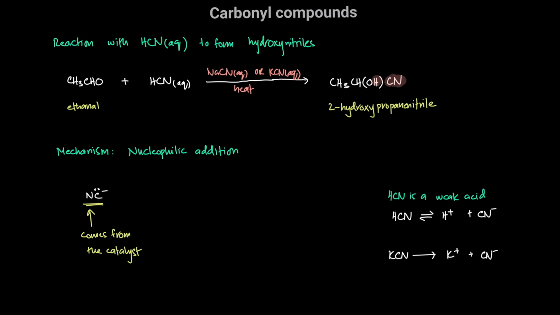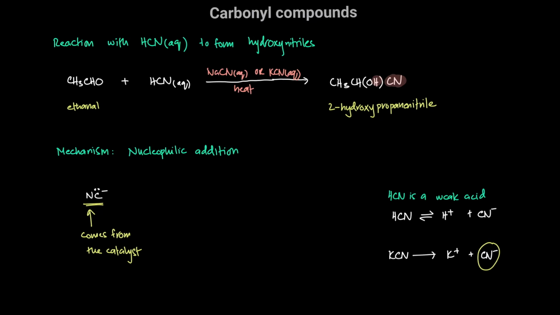So we can initially assume that the nucleophile, the cyanide ions, are coming from the catalyst, that is KCN or NaCN, because KCN or NaCN ionize completely, and so we get a lot more cyanide ions as a result of the ionization of KCN or NaCN than we do from the ionization of HCN. So the initial nucleophile is provided by the catalyst. That's why we're going to need this catalyst, because HCN doesn't ionize completely. It won't produce enough cyanide ions for this reaction to proceed at a reasonable rate.